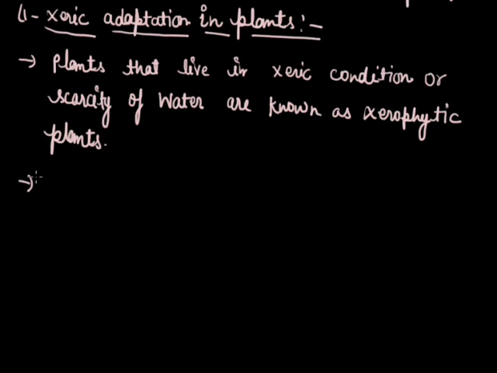They develop various devices to conserve water in them and also to absorb the maximum water that is available in soil. One of the typical xerophytic plants is the prickly pear.